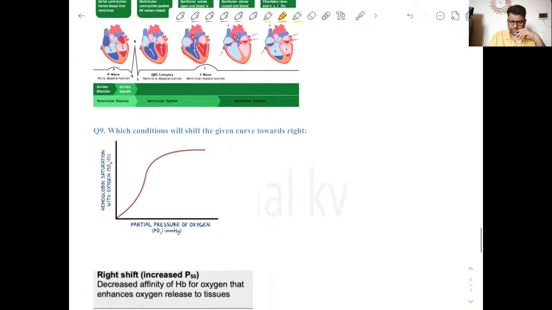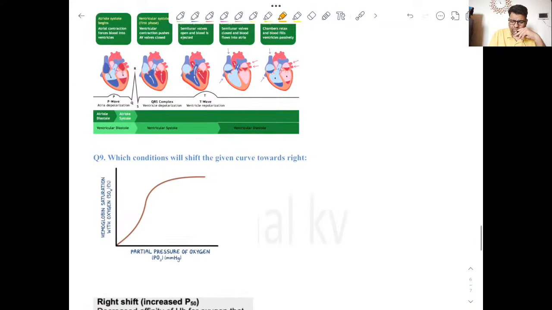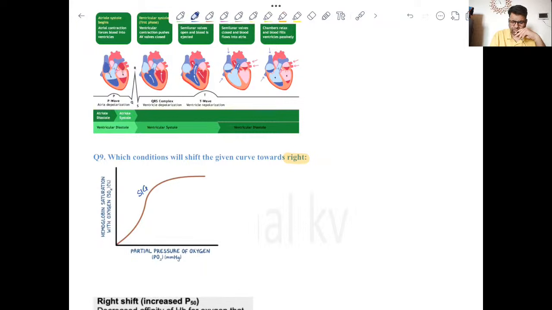Now moving forward, which condition will shift the given curve to the right? I think most of you will understand that this is a sigmoid curve, S-shaped. Sigmoid means S-shaped.